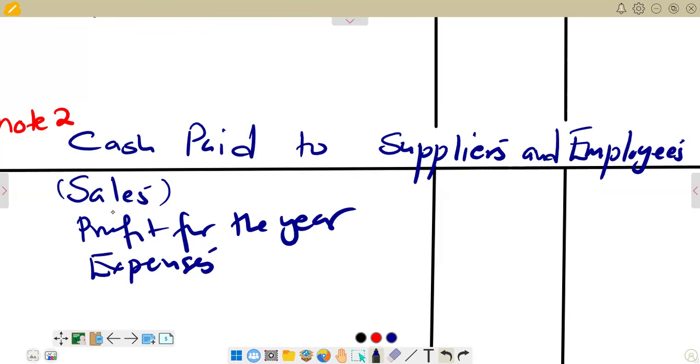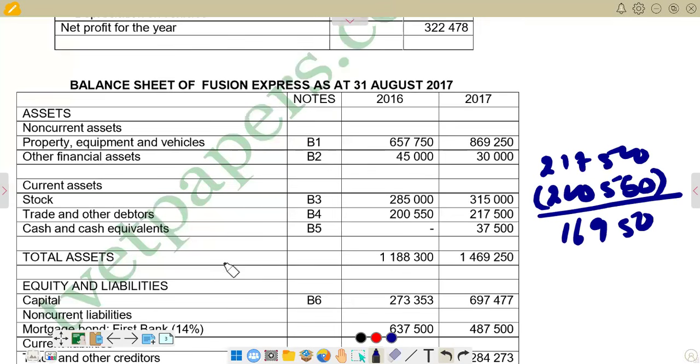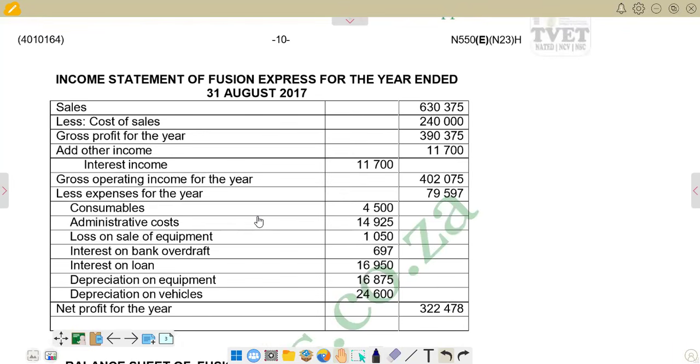So we can just go and check the figure for sales and profit for the year. Obviously those figures, we're going to find them in the income statement. So if you go up to check our income statement, you'd see that the figure for sales that we have is 630,375.